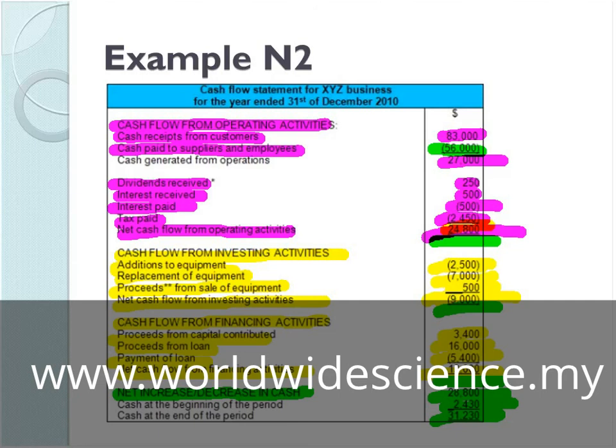You see, 83,000 plus, which is a negative, minus 5,600, and so on. If you do this calculation in your calculator, you will get the correct answer with the cash at the end of the period, 31,213. Okay.